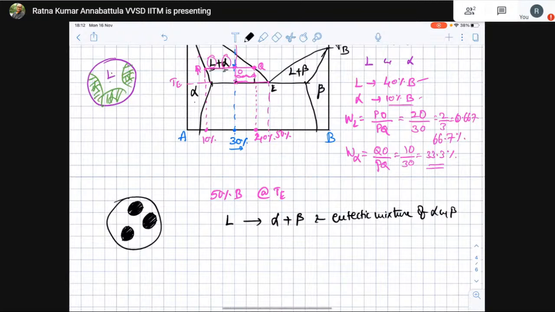And then by the time you cross this line, what happens? Alpha cannot be transformed again because it has already transformed. Whatever is the remaining liquid has no option but to go through this reaction. So you will have a eutectic mixture of alpha and beta.